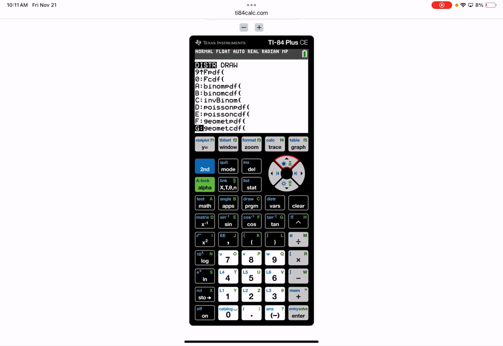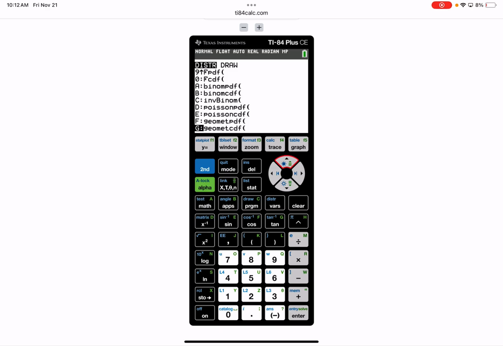Much like yesterday, and you might want to write this down just to remind yourself, the geometPDF is when we're looking for a specific trial. So I'm looking for the first success to be on this specific trial. So when my notation is the probability that x equals some number, I'm using PDF every time. And then just like yesterday, the CDF is going to be less than or equal to whatever trial I'm trying to find that first success on.